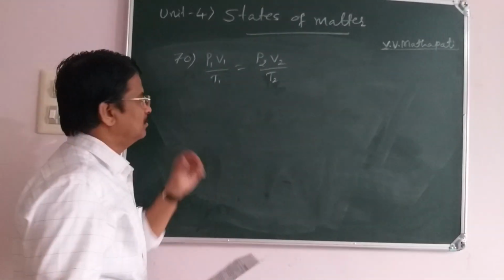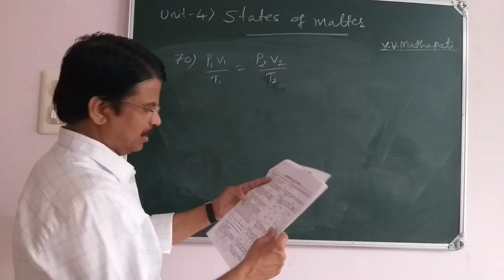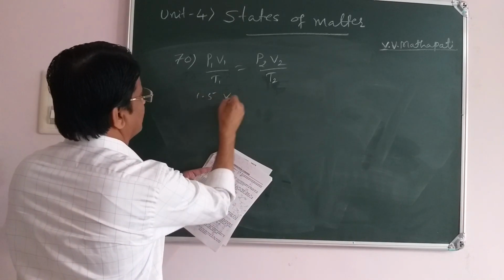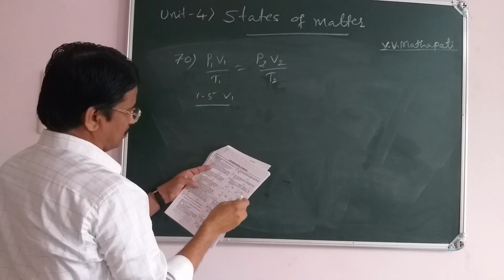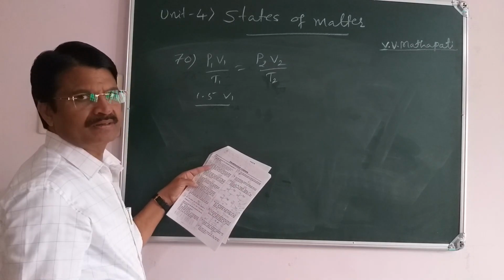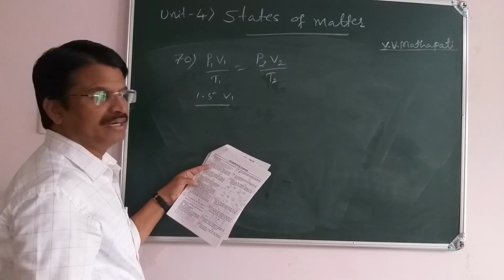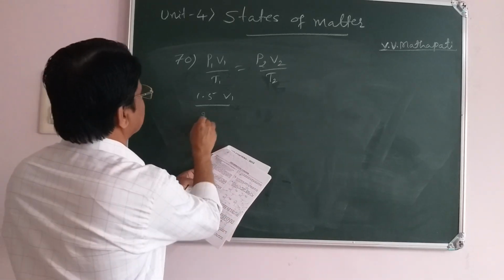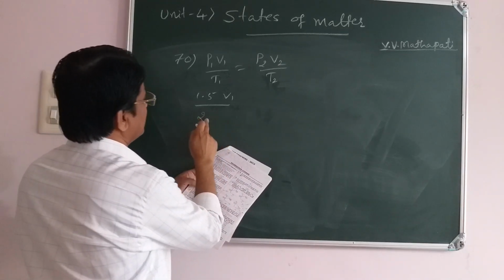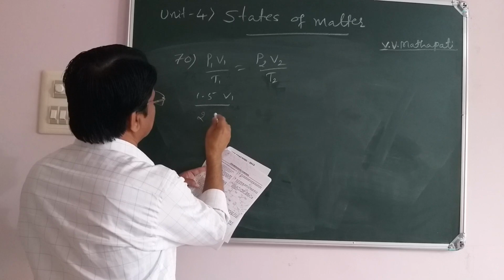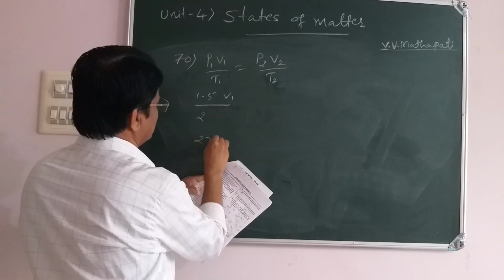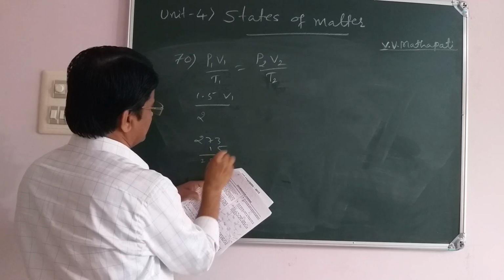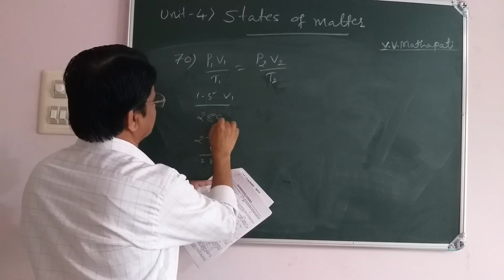Now substitute P1, P2. First value 1.5 V1 by temperature 15 degree, 273 plus 15, that is 288.